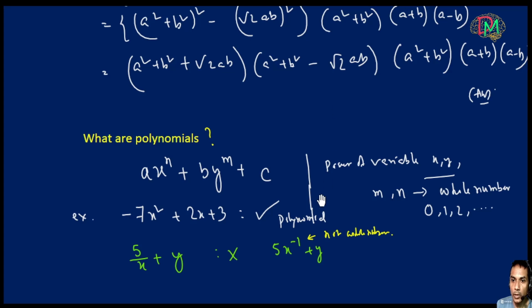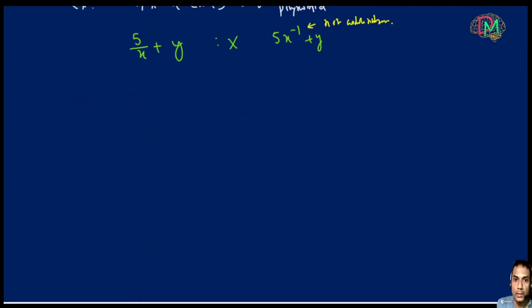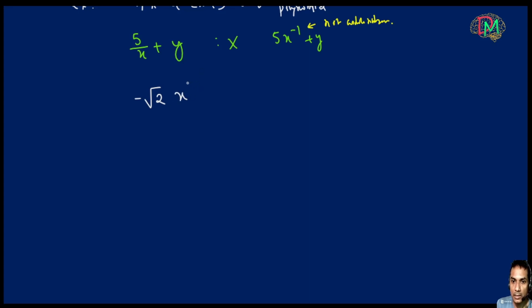I give you one more example. If I told you minus root 2 x to the power 2 by 3 plus y, is it a polynomial? No, it is not a polynomial. Why not?